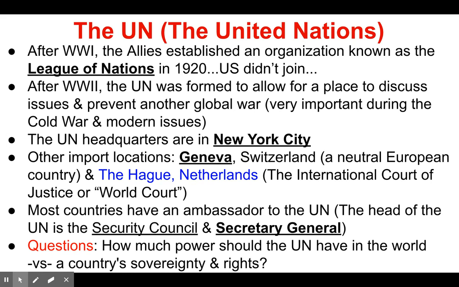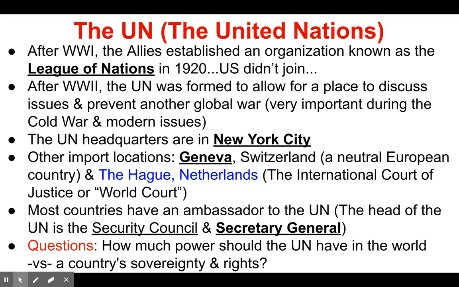How much power should the UN have in the world versus a country's sovereignty? In other words, should a country be able to do what it wants within its own boundaries? Or should it be held accountable for human rights violations or how it treats its peoples within its own borders?